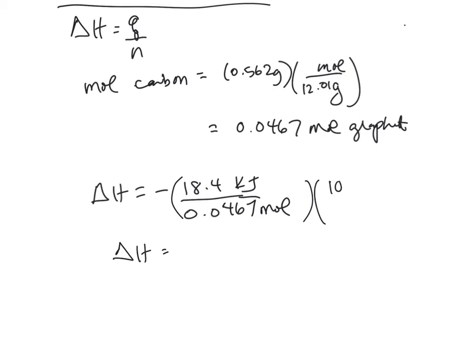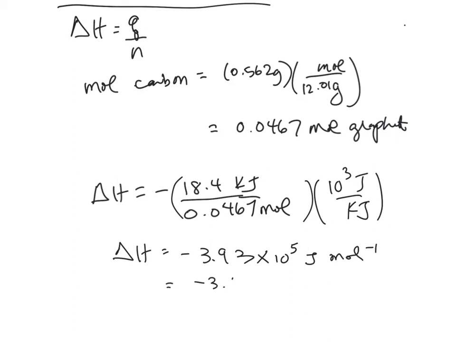joules, so 10 to the third joules per kilojoule, and this ends up being negative 3.93 times 10 squared. No, that's kilojoules, sorry. It'd be 10 to the fifth, I guess, joules per mole, which of course is negative 3.93 times 10 squared kilojoules per mole.